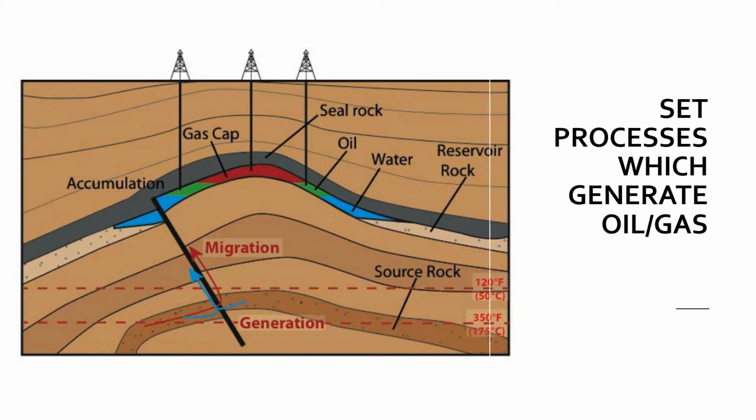Once the oil or gas is generated or extracted from your source rock, the next step is that the oil and gas should migrate upwards and undergo accumulation, and they also should stay in place by means of a gas or an oil cap.